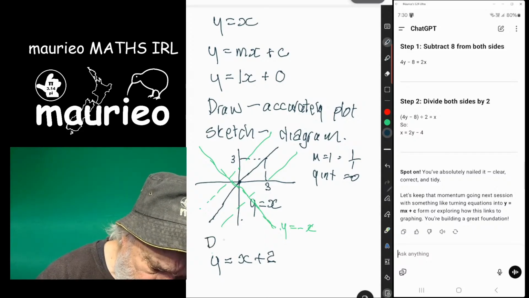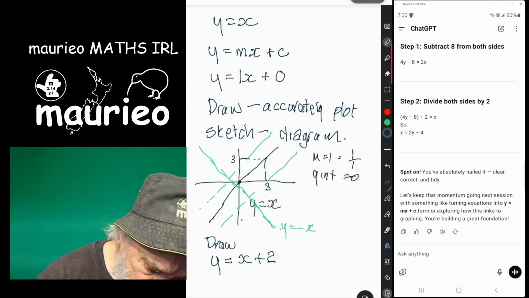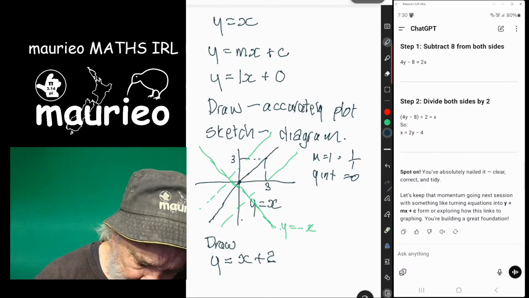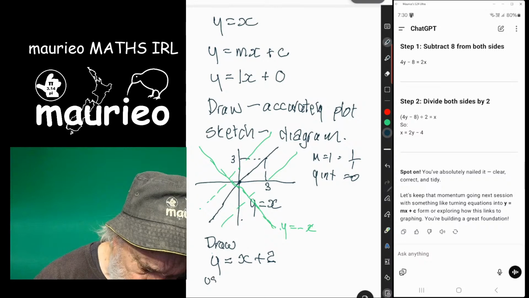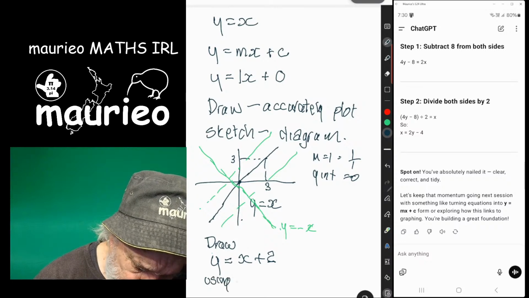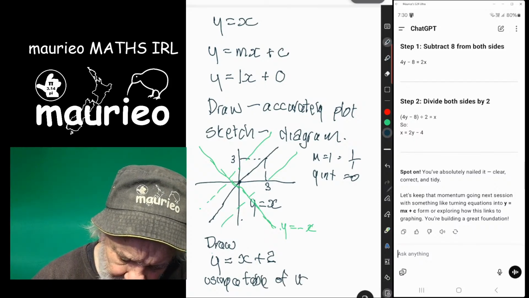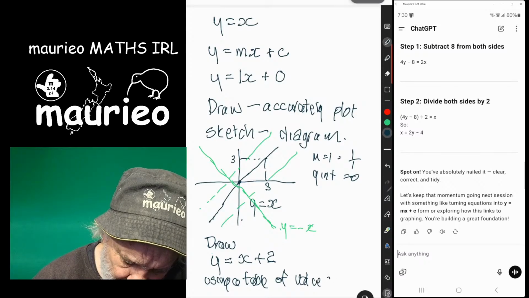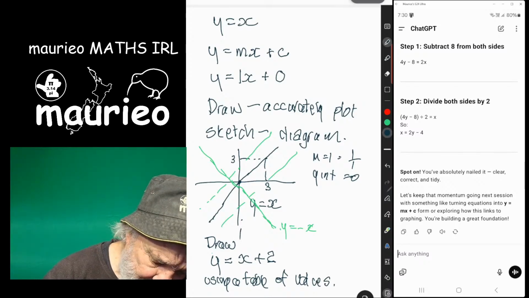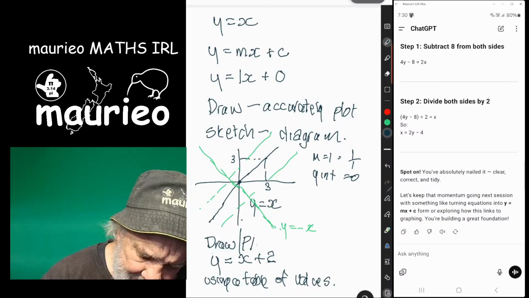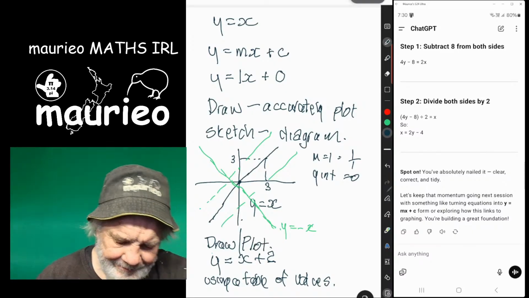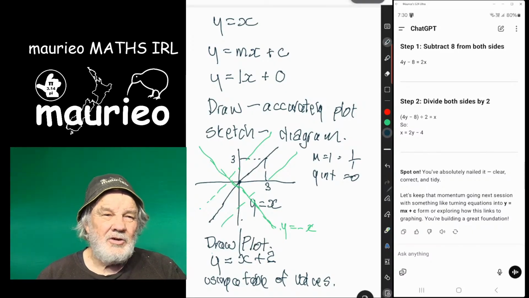So draw y equals x plus 2 using a table of values. So draw, plot, y equals x plus 2.